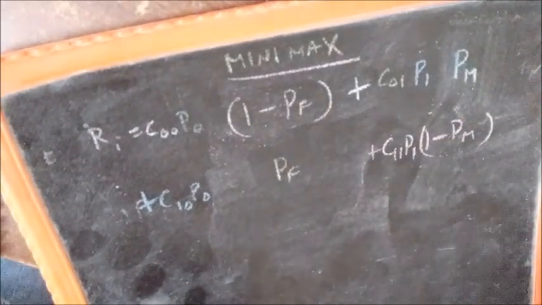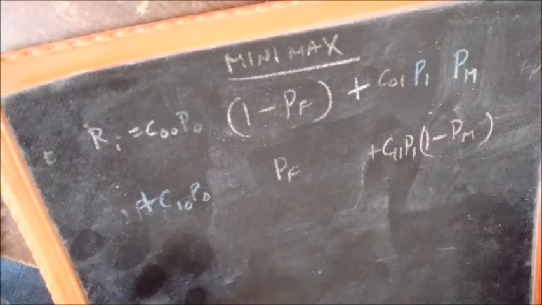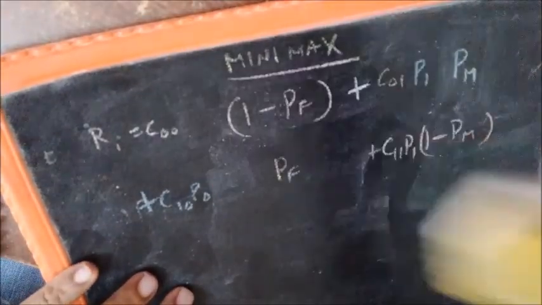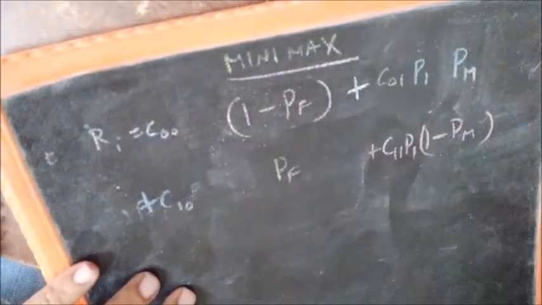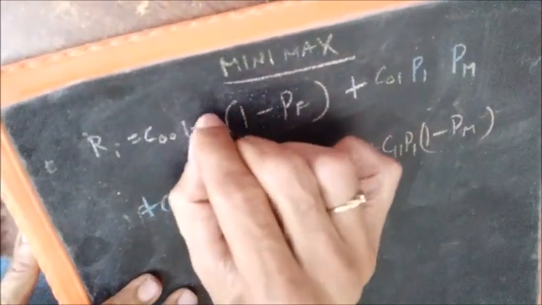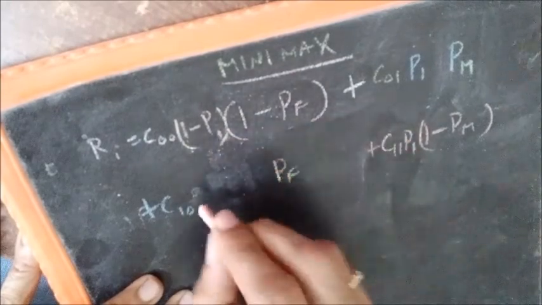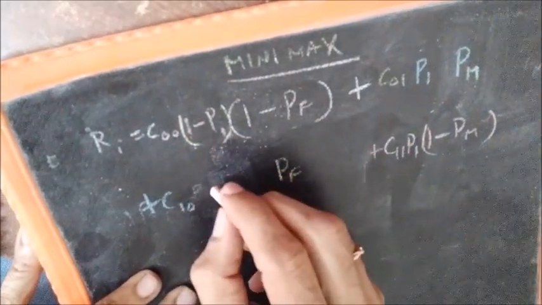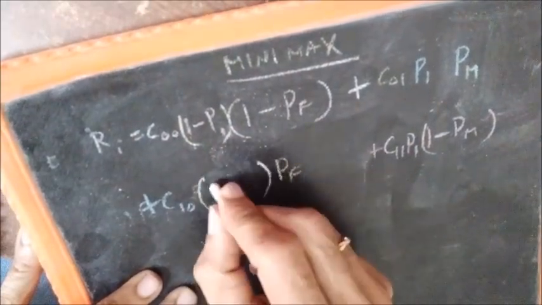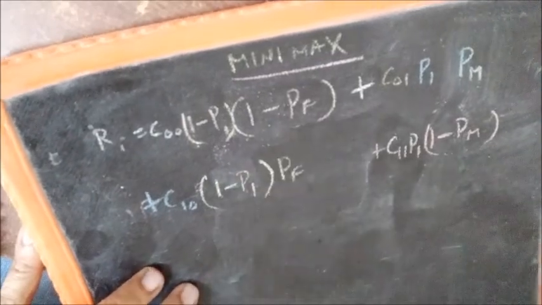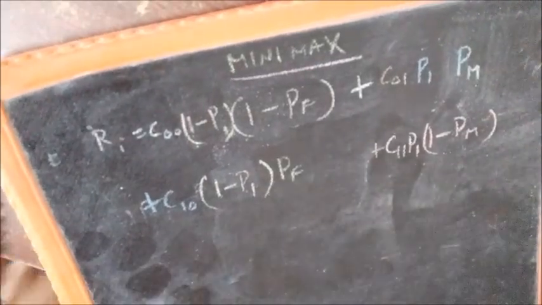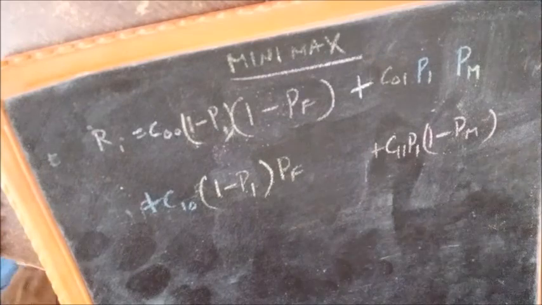And further, P0 can be expressed as 1 minus P1. Needless to emphasize, we are considering a binary hypothesis testing scenario here. So P0 is expressed as 1 minus P1 because P1 plus P0 has to be 1.